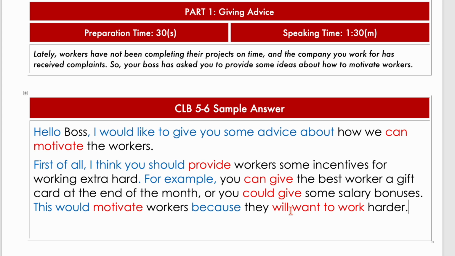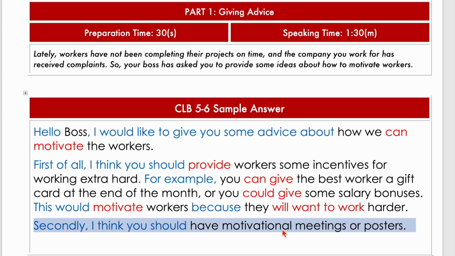Like for the future, you will want to. The workers, they will want to work harder. So again, we gave an idea, we gave some examples, and we explained what will happen, okay? One idea is good for 5, but for 6, we should try to give at least 2 ideas.